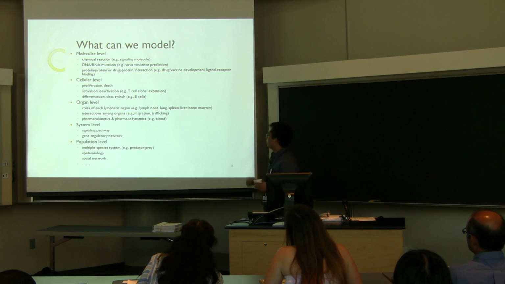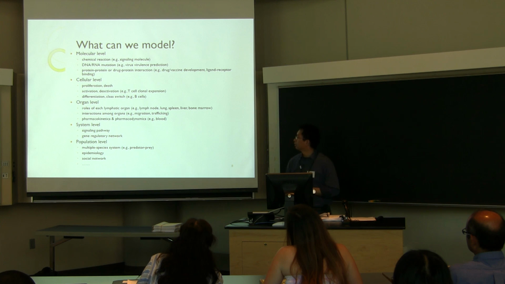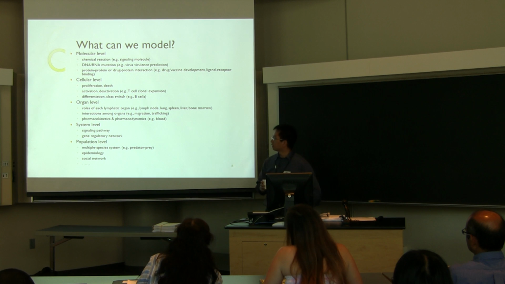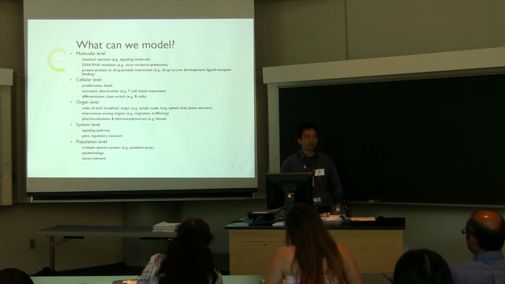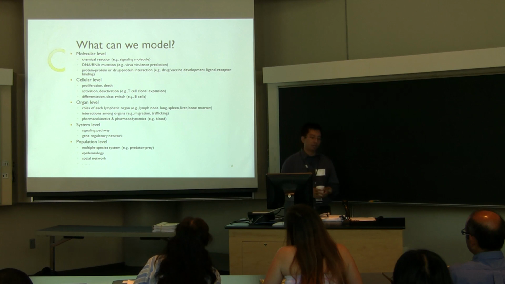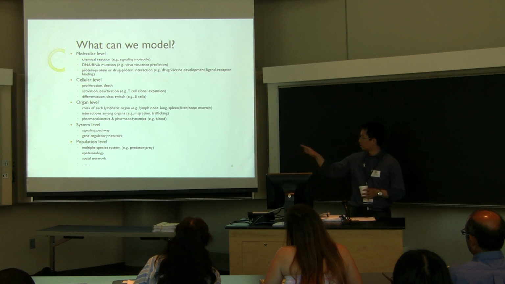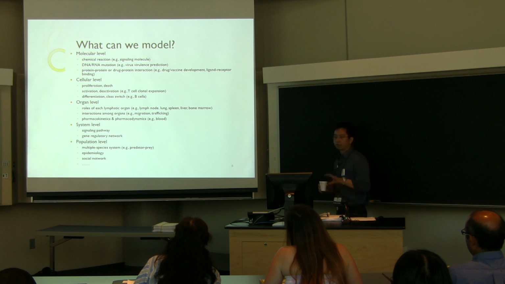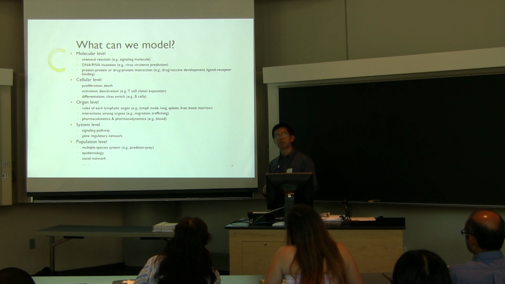At the system level, I think that's a hot topic right now. People are interested in signaling pathways, metabolic pathway networks, and gene regulatory networks. But of course, for this kind of large scale model, we also have lots of technical issues and many inference problems.